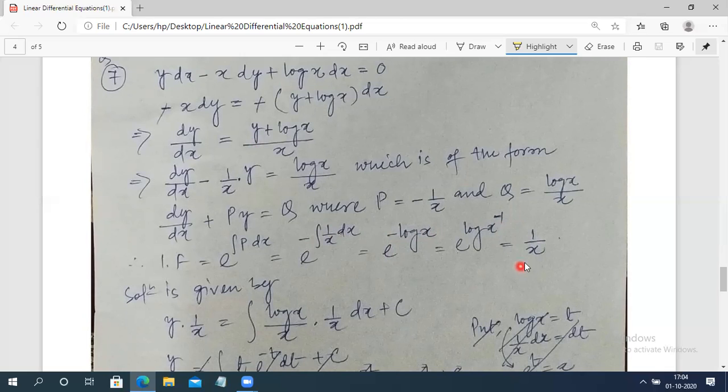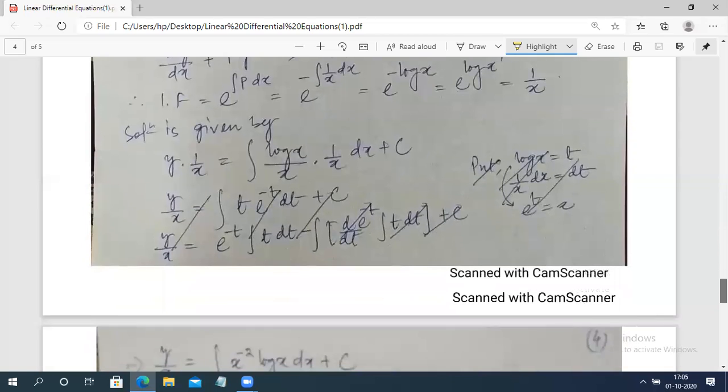Now this is your integrating factor, so write the solution by using the formula that y into the integrating factor is equal to integration of q into integrating factor, that is log x upon x into 1 by x dx plus c.